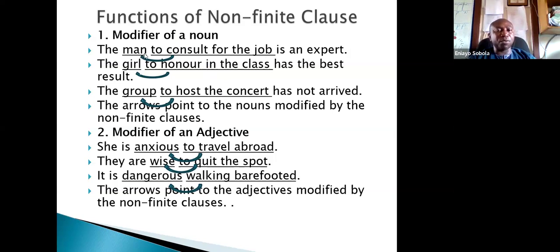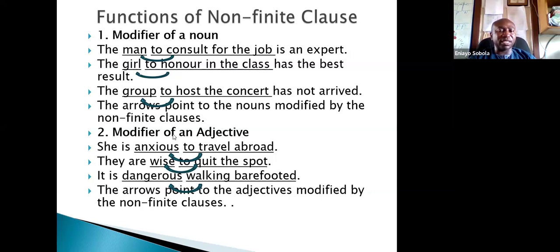It functions as a post modifier. The girl to honor in the class has the best results. To honor in the class is also a non-finite clause that modifies the noun girl.